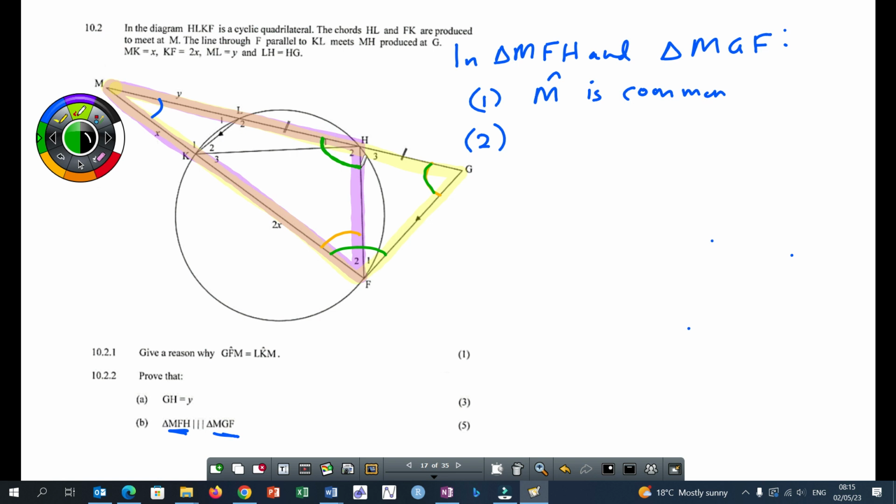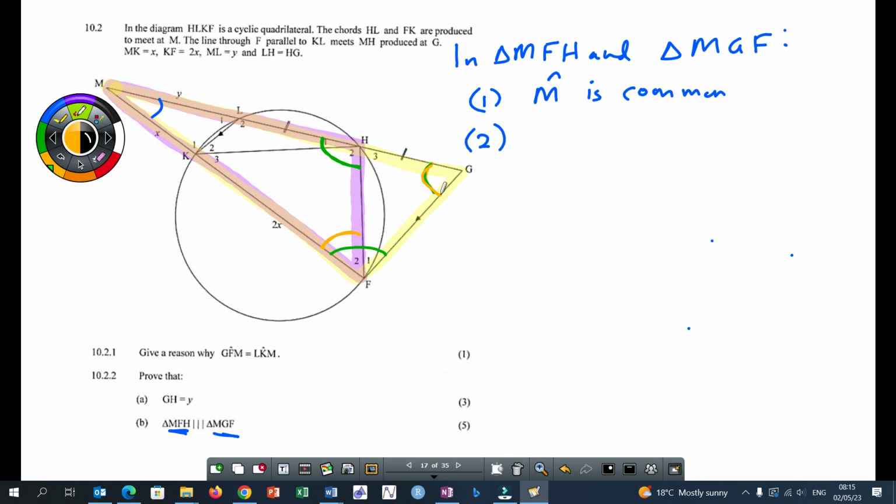And then we have F, which is going to be F1 plus F2. So the question will be, how can we prove that this angle here, angle F2, is equal to angle G, based on the information that we have here.